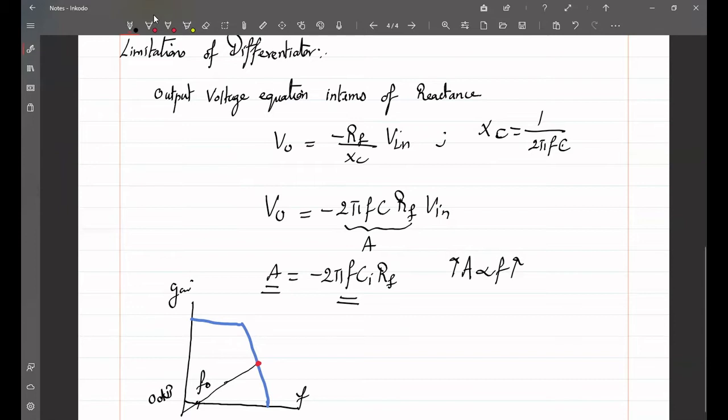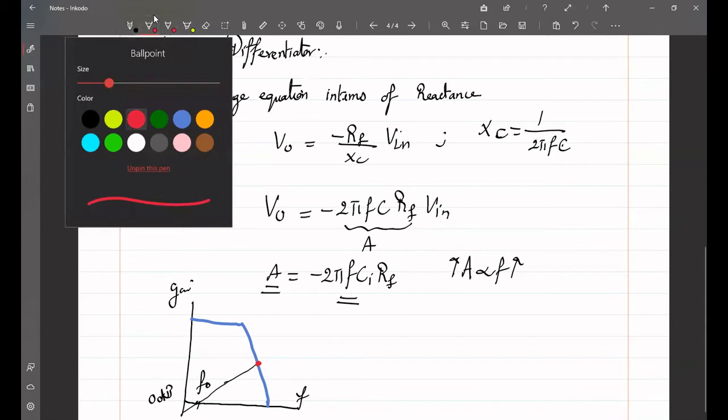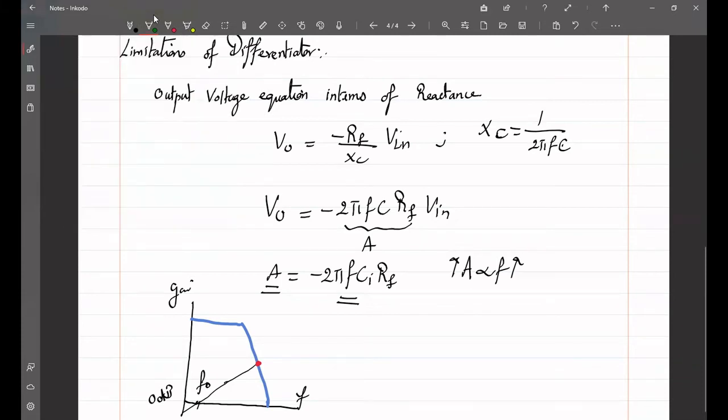After that, the gain follows the ideal op-amp characteristics. As the frequency increases, the gain will reduce and reach 0.